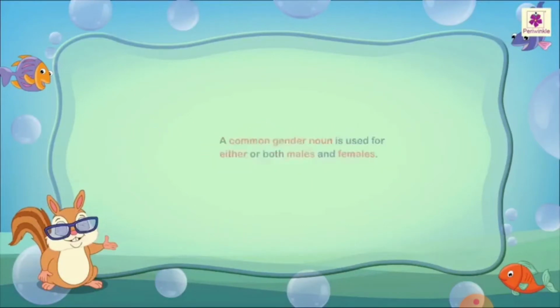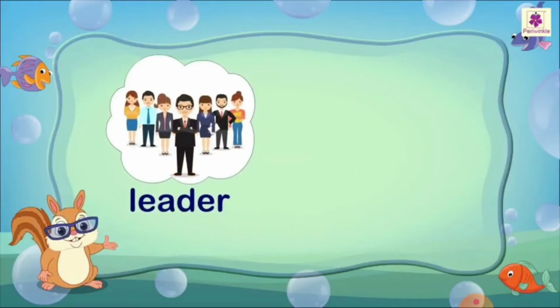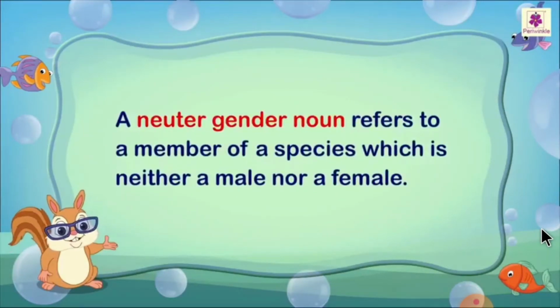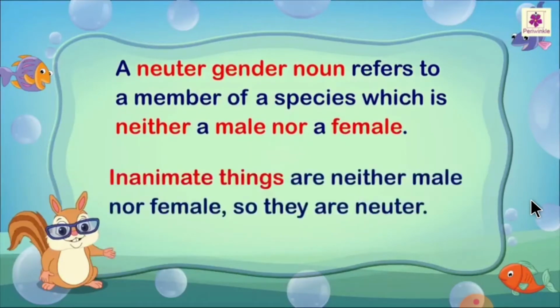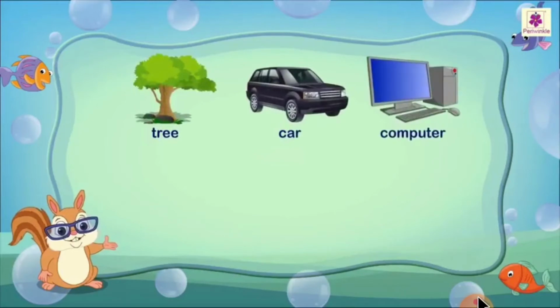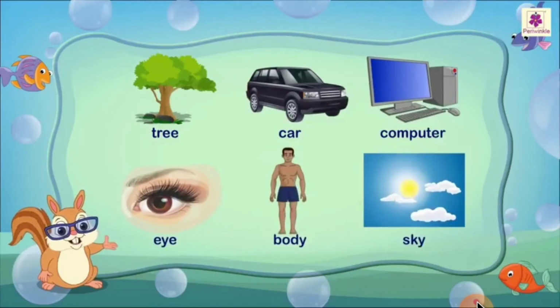For example, leader, student, pilot, etc. A neuter gender noun refers to a member of a species which is neither a male nor a female. Inanimate things are neither male nor female, so they are neuter. For example, tree, car, computer, eye, body, sky, etc.